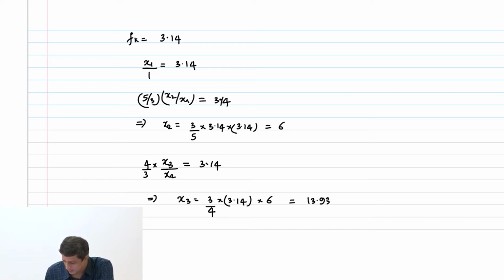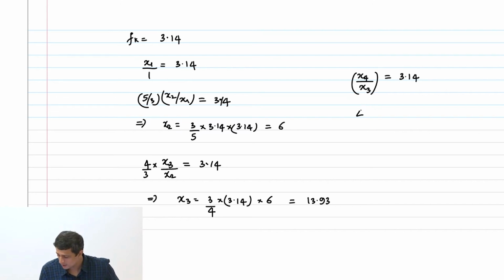13.93. Now, please check that the final calculation also gives you the same answer. Otherwise, you have made a mistake somewhere. On the last stage, we have the load capacitance x4 by x3 should also be equal to 3.14. But now x4 is known.